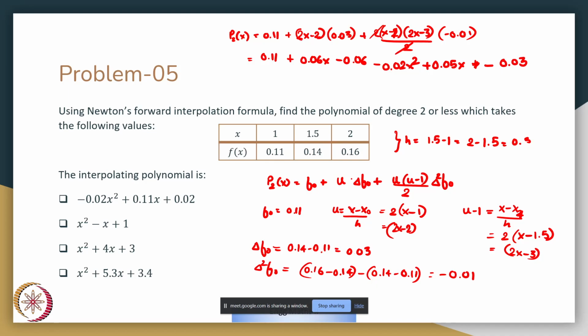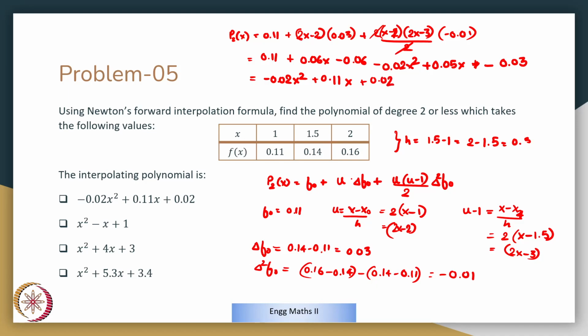So if you look at it, we essentially end up with minus 0.02x square plus 0.11x and a constant. So this is essentially our option number A.